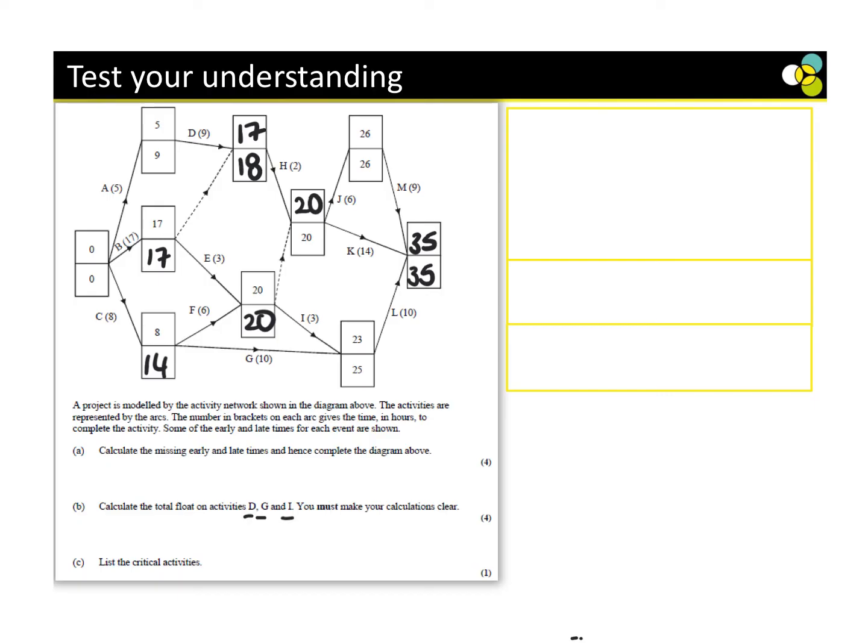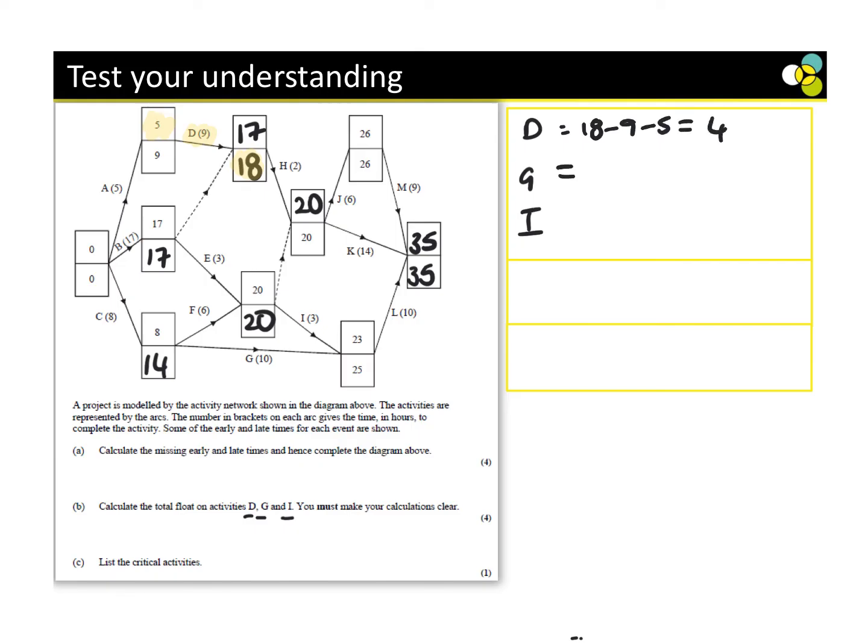We filled this in. Then it says calculate our total float for D, G, and I. So for D, we're going to have 18 minus 9 minus 5, which is going to give 4.